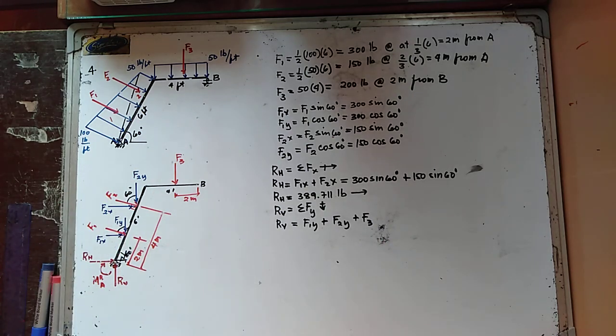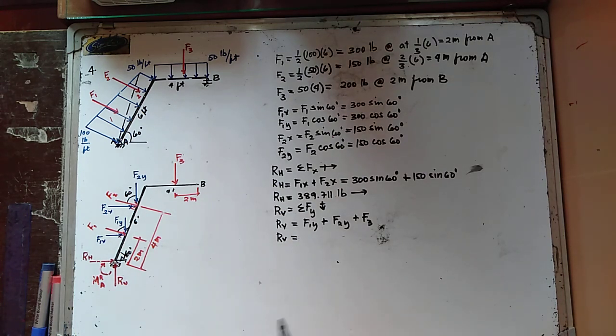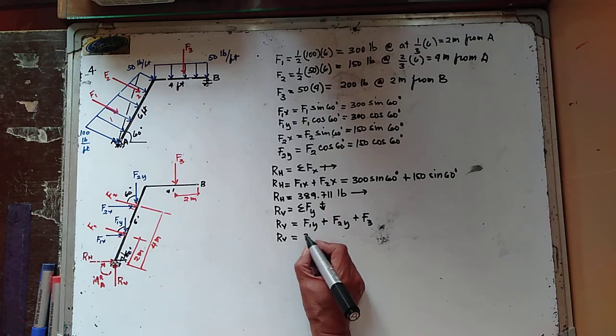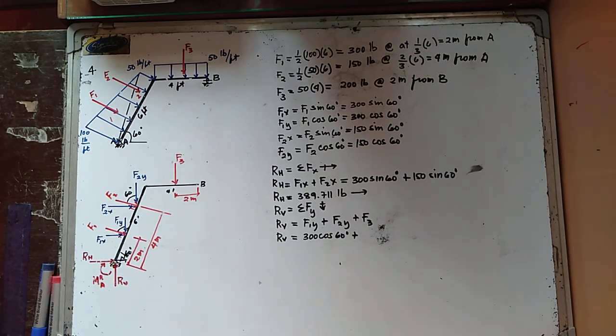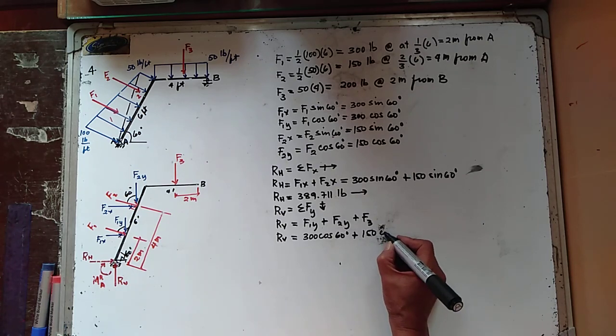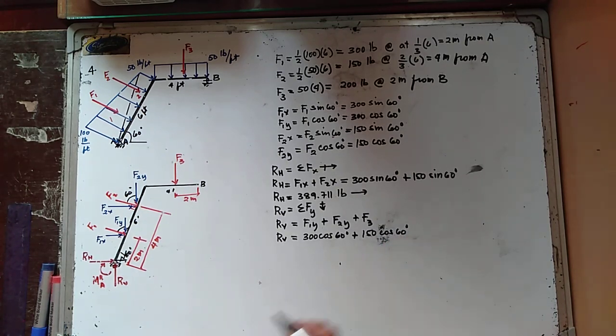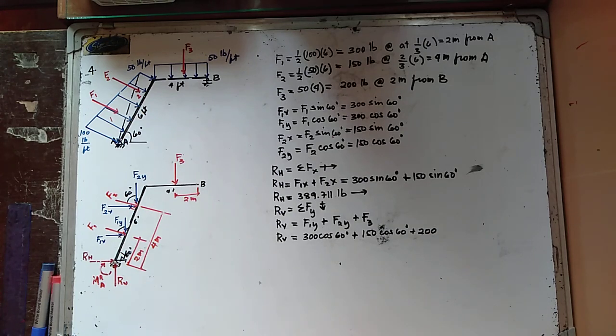So your R vertical is now equal to F1y, 300 cosine of 60 degrees, plus F2y, 150 cosine of 60 degrees, plus F3, and the value of F3 is equal to 200 pounds.